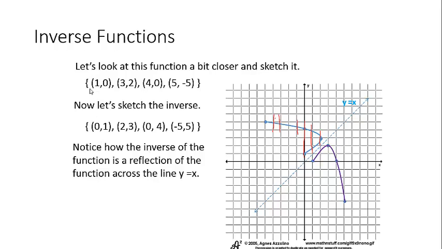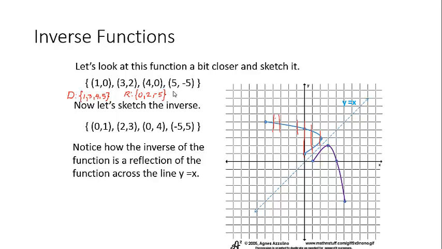If I go ahead and look for the domain of the original function and I make a list of all the domain values, I'll have 1, 3, 4, and 5. And if I make a list of the range values for this original function, I'll have 0, 2, and negative 5.